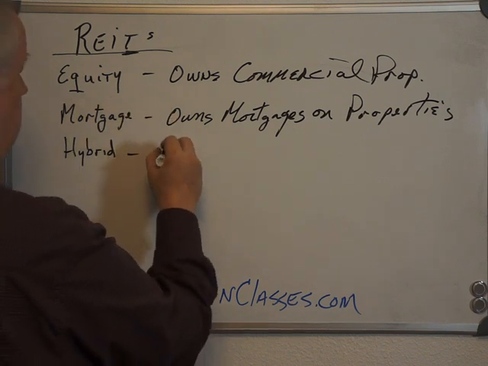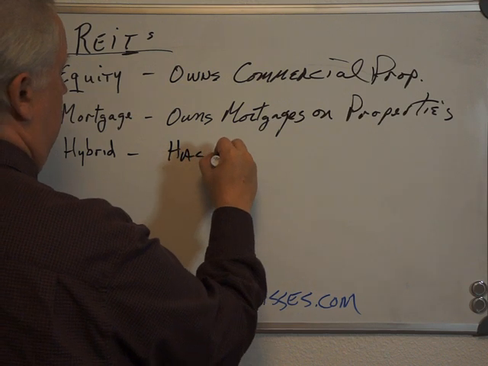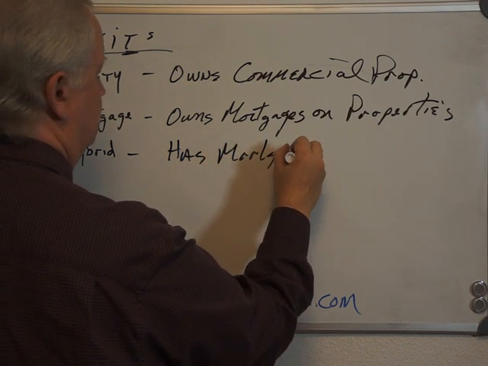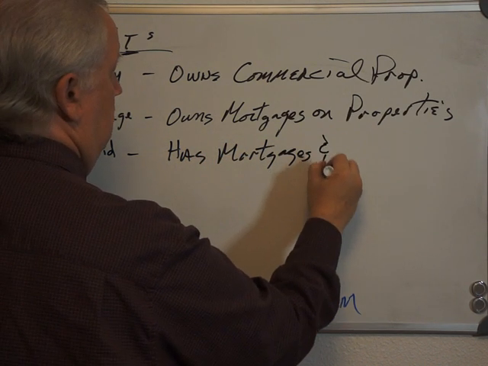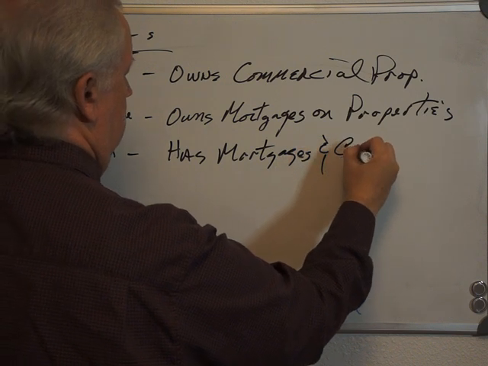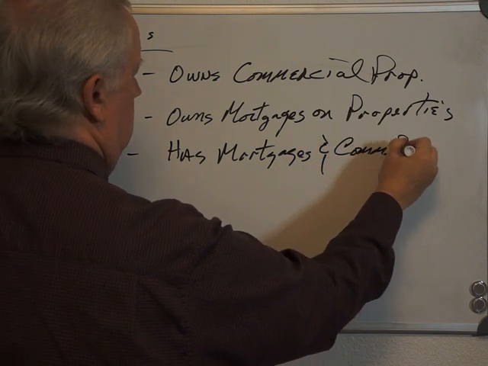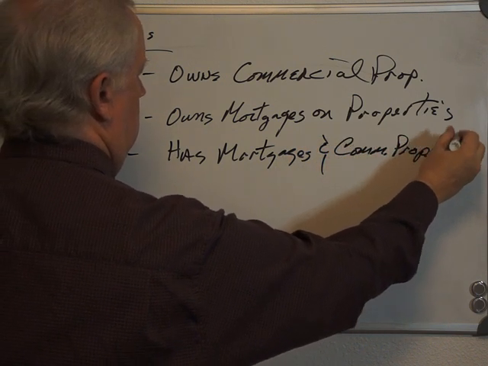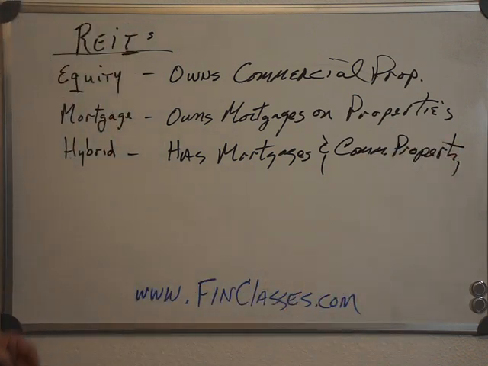A hybrid has mortgages and commercial property, all in one big portfolio. And this is managed. It has to be. So know the 3 types.